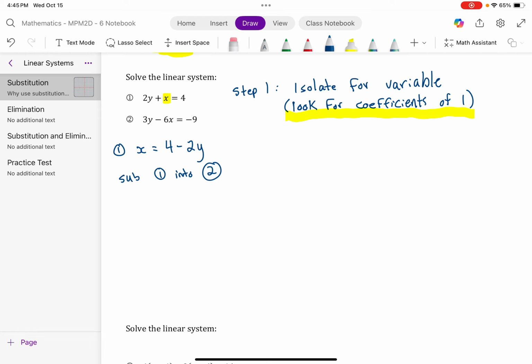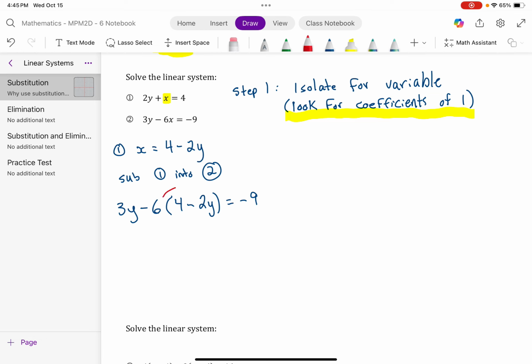Wherever I see an x in equation number 2, I'm going to sub in 4 minus 2y. So in my new equation, I'm going to do substitution here: 3y minus 6. I see an x right there, so I'm going to sub in what x is equal to, what we just isolated for, which is 4 minus 2y, is equal to -9.